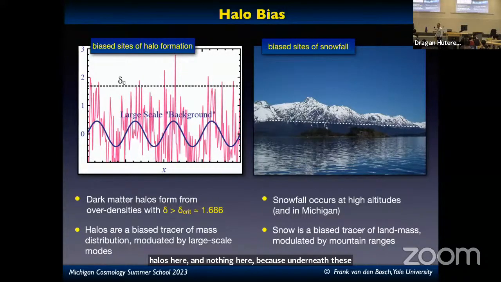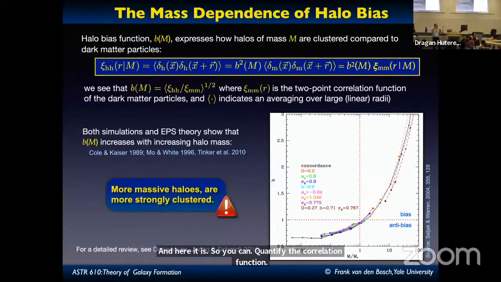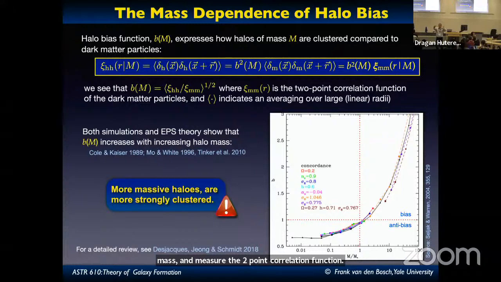That's what does it. We know everything we need to know about that density field statistically, so we can actually calculate what that bias is of dark matter halos. Here it is, so you can quantify the correlation function. You can go to your simulation, find halos of a given mass, and measure the two-point correlation function. I just told you how to do that: you just count pairs. You can do the same for the dark matter particles, not the dark matter halos.